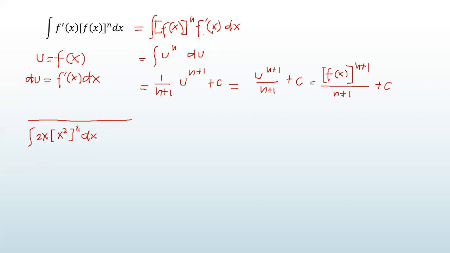According to this substitution, according to these outcomes, you may write the solution becomes x squared to the power 4 plus 1, it means 5, over 5, yeah, plus c, and the solution becomes 1/5 x to the power 10 plus c, like this. Okay, so very simple.